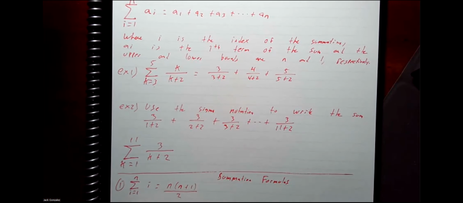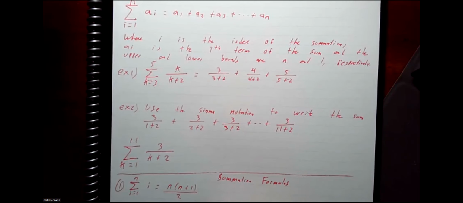Now, if you start at 1 to n, i squared is equal to n times n plus 1 times, oops, actually, 2n plus 1.